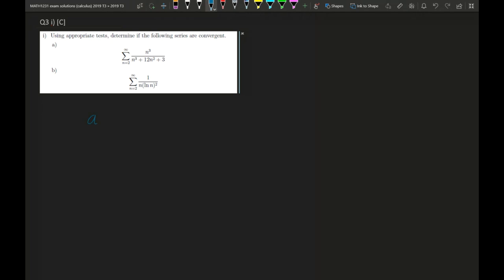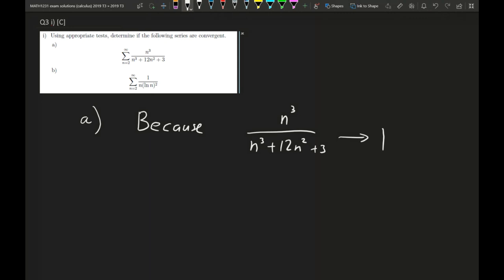Yeah, so this is another question about the nth term test, which touches on the concept of the nth term test. So for part A, well, you just need to note the following. These terms, n cubed over n cubed plus 12n squared plus 3, well, that tends to 1 as n tends to infinity.